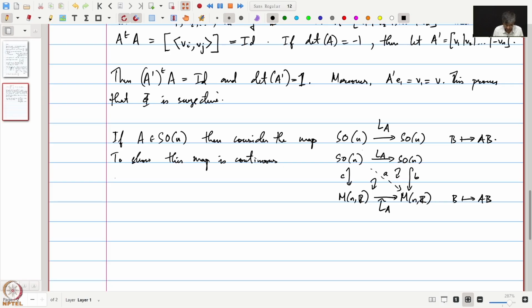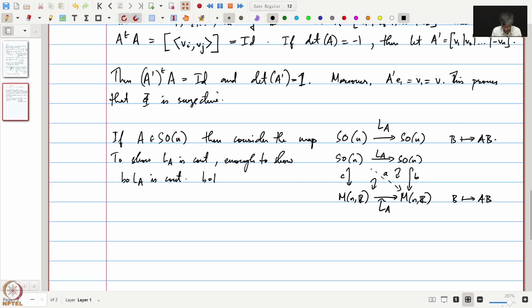To show L_A is continuous, it's enough to show B compose L_A is continuous, because SO(n) has a subspace topology from M_n(R).